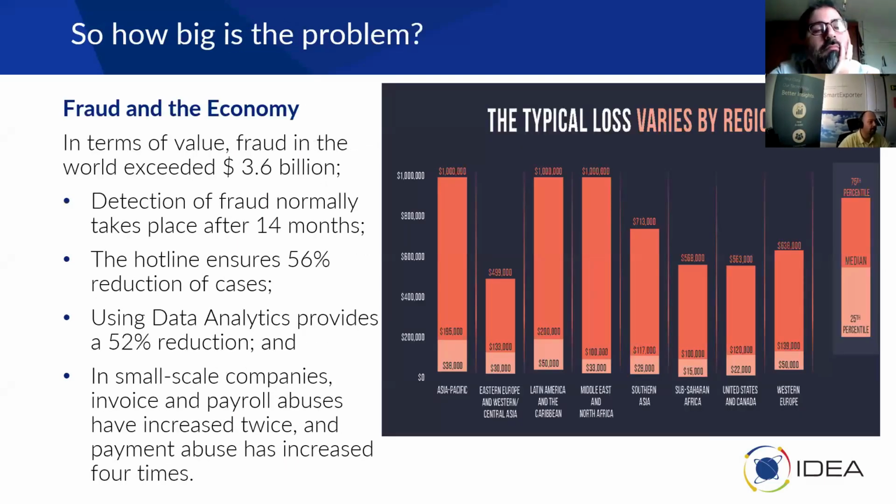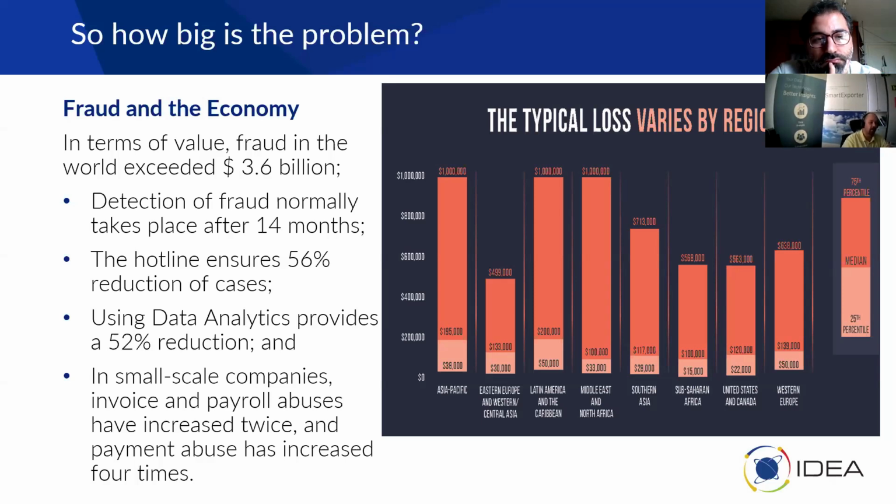How big is the problem? In 2020, ACFE reports generally $2.6 billion lost on the fraud side. Detection of the fraud normally takes place after 14 months, unfortunately.